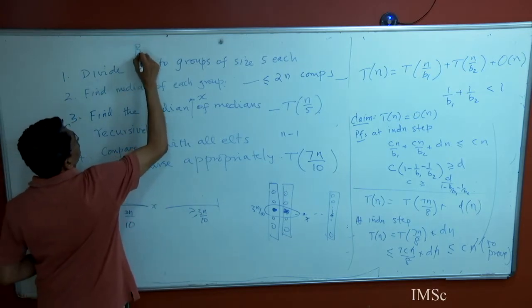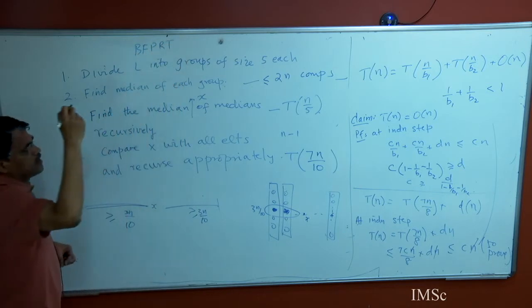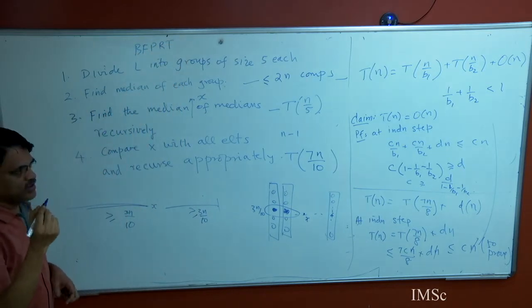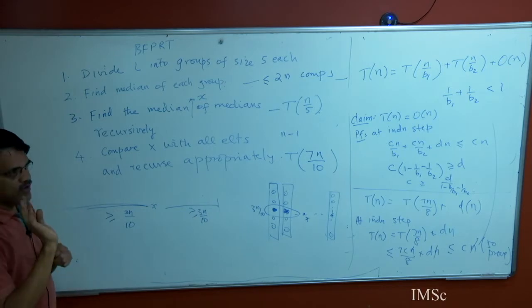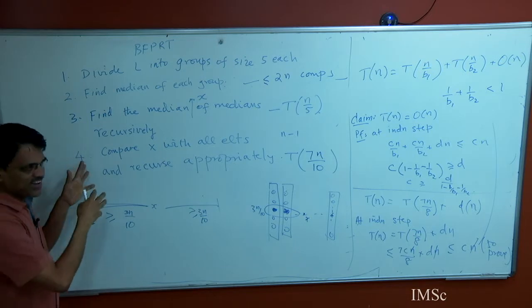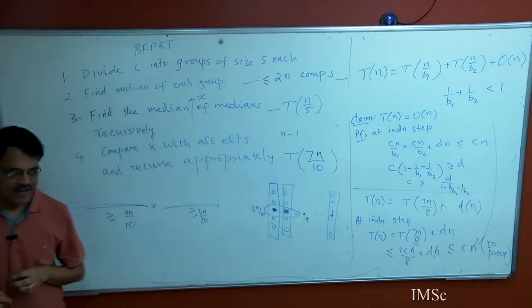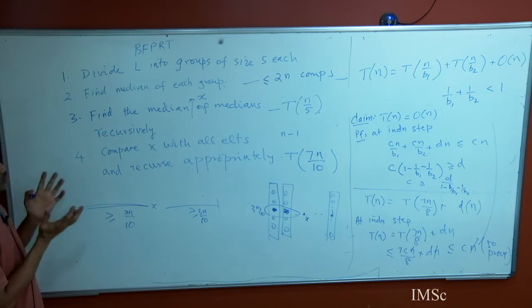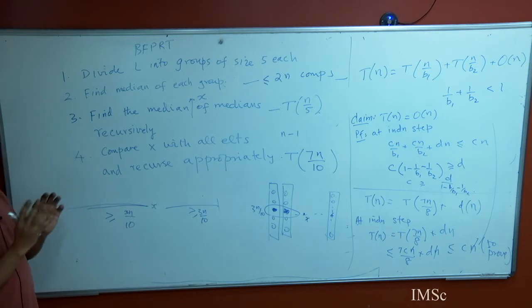There are some 5 people associated with this: Bloom, Floyd, Pratt, Rivest, Tarjan. 4 out of 5 have actually won Turing Awards. Not for this work, but it required all these great minds. This was a 1973 result, but it's one of the very classic, powerful applications of divide and conquer, recurrence relations, and so on.